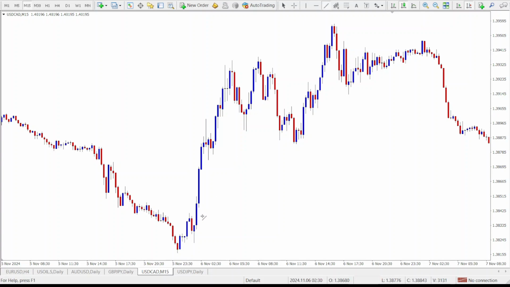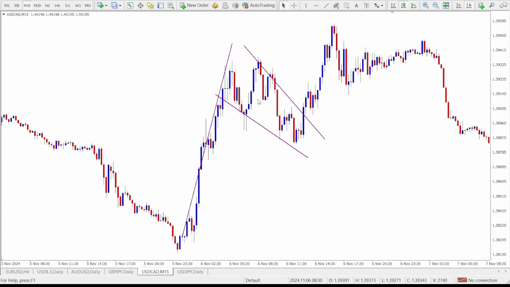We can see what happened here: we had a sharp price move, and then a pattern coming down like this. Can you see that this resembles a flag? The flagpole and the flag itself.